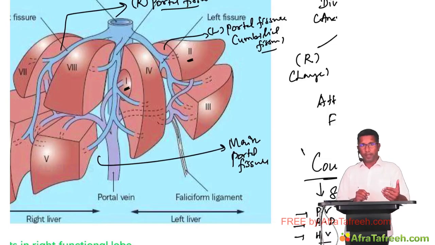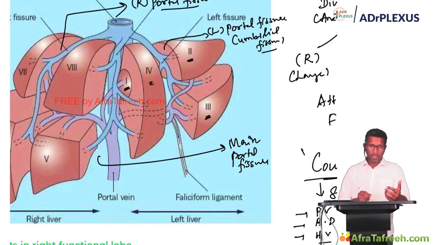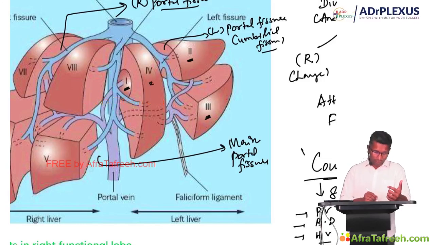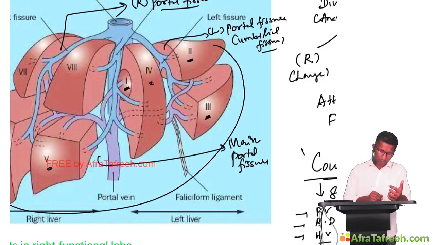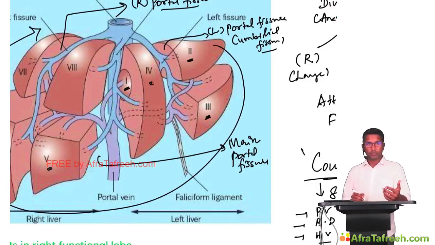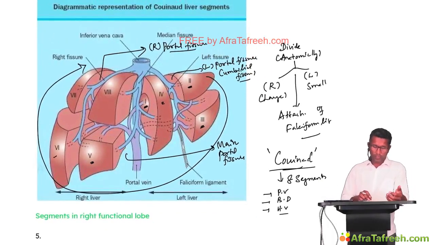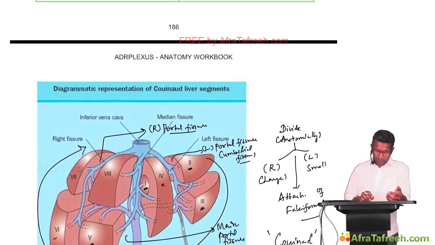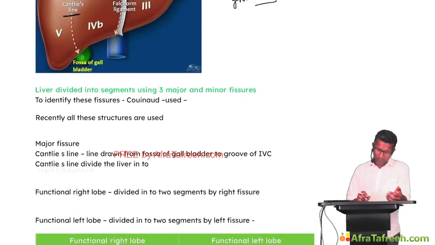The left lateral inferior segment receives number 3. The left medial segment receives the number 4, and 5, 6 and 7, 8 come in a clockwise direction. So you number them from left to right in a clockwise direction, and they become the functional lobes of the liver. So this is about the functional division of the liver.